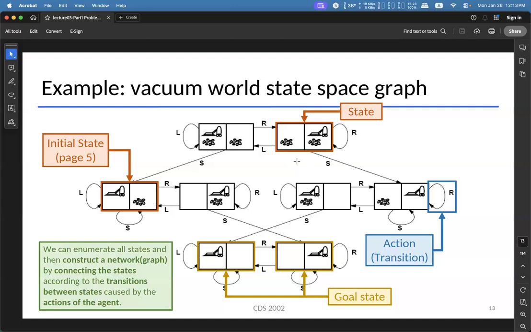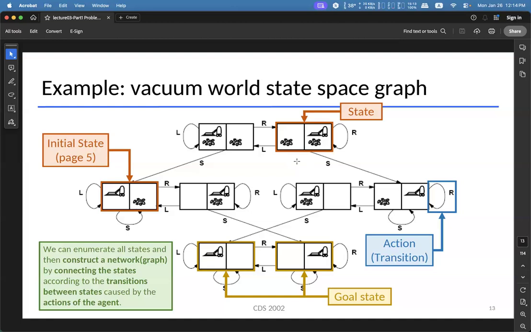So in this example, you can see the transition from one state to another is caused by the action of the agent.